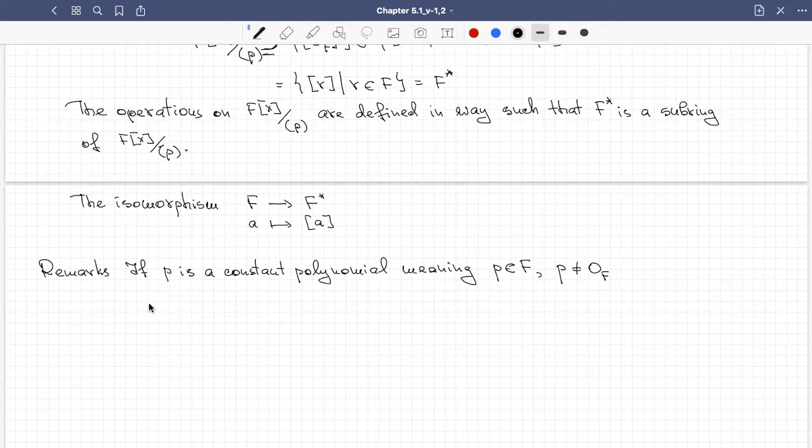Namely, we have, if P is a non-zero constant, then we produce one equivalence class.